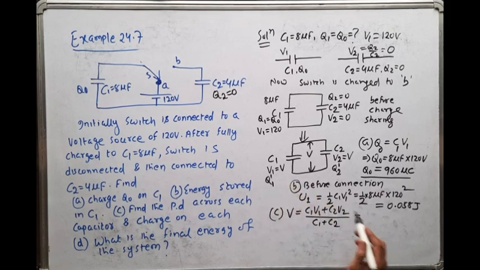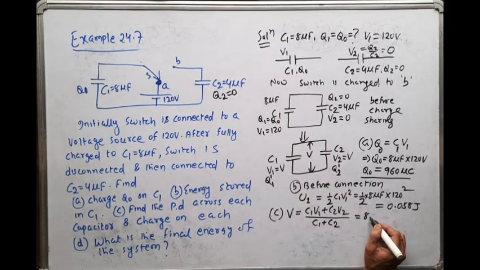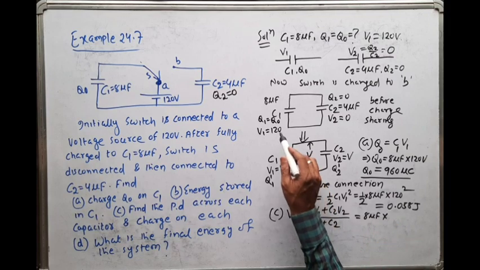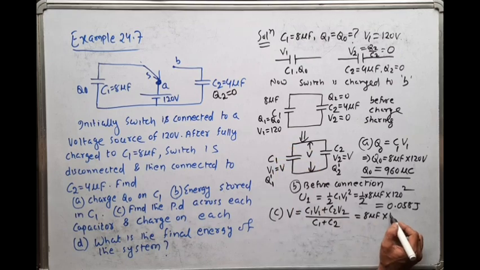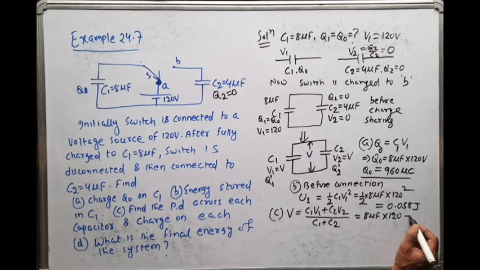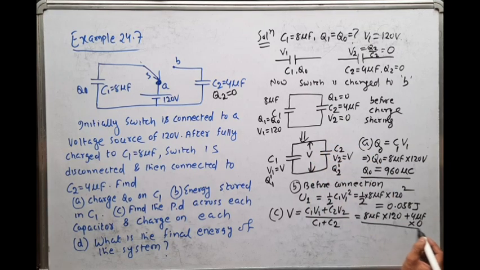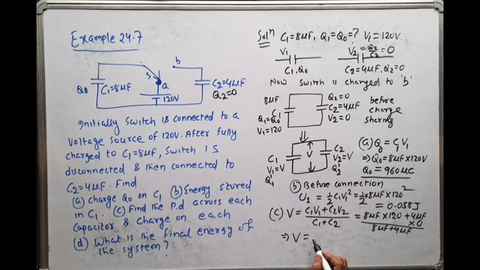C1 is 8 microfarad into V1, which is 120, plus C2, which is 4 microfarad, into V2. V2 is initially 0, divided by 8 microfarad plus 4 microfarad. If you calculate the common potential, I think it will come 80 volt.